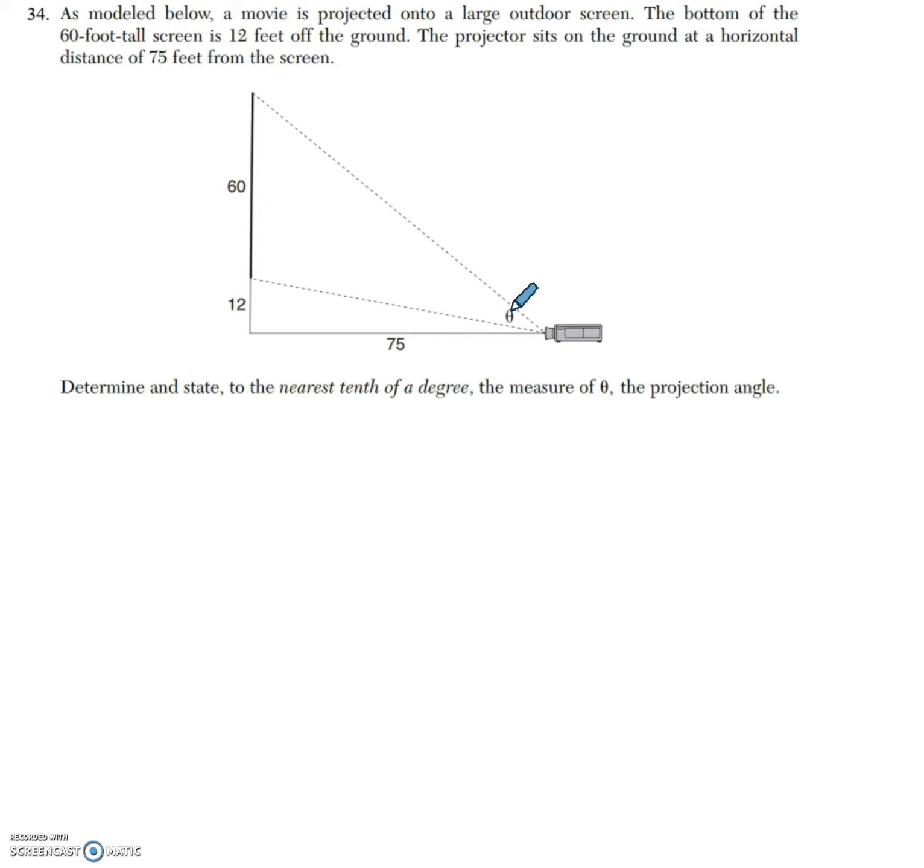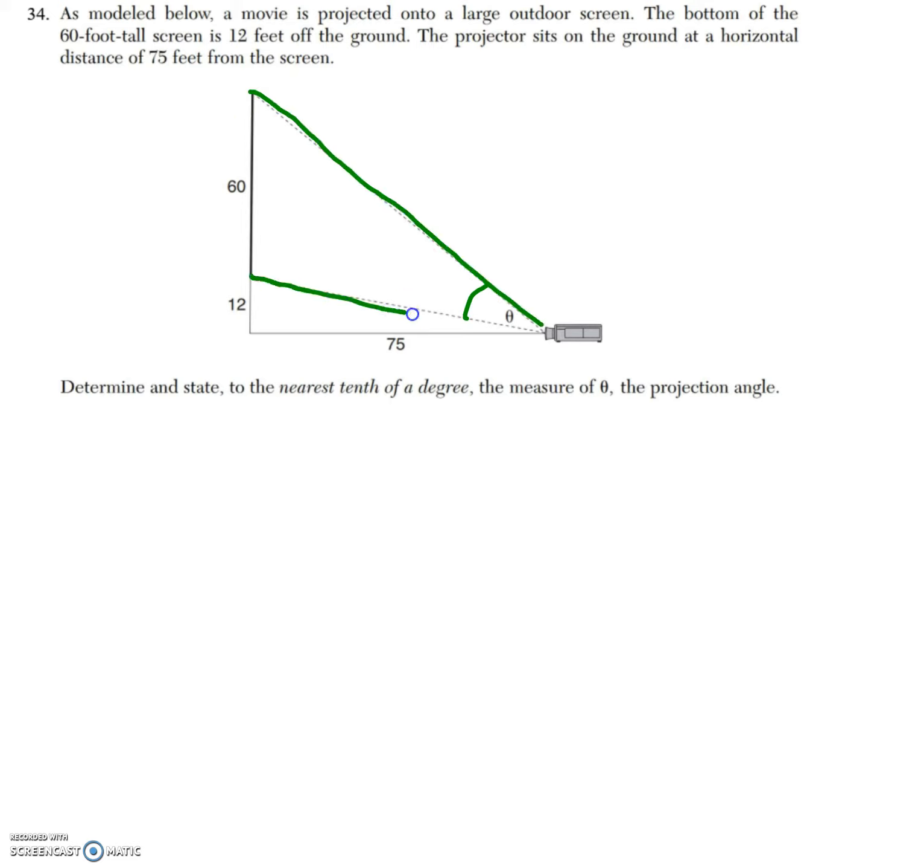Okay, so whenever we're given triangles with angles, we're going to look for a right triangle so that we could use trig. So if our goal is to get the angle theta, look at the triangle that it creates.